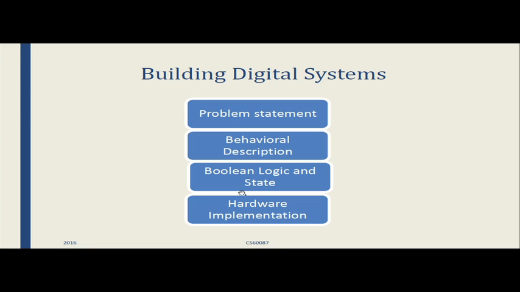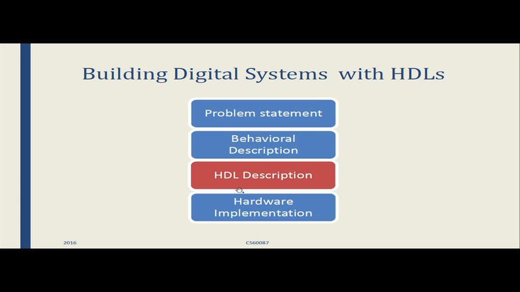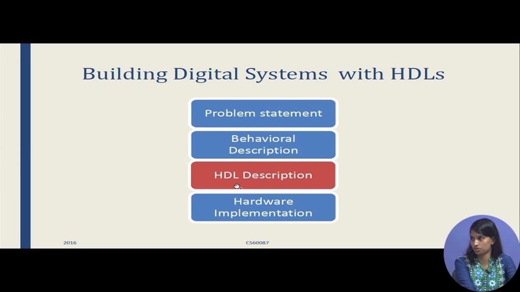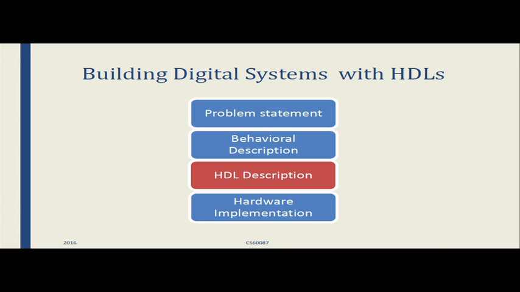So when the complexity increased, we moved on to replacing the Boolean logic and state with an HDL description. This is where our HDL comes into the picture. HDL description helps us to overcome the complexity of the designs that we are facing nowadays.